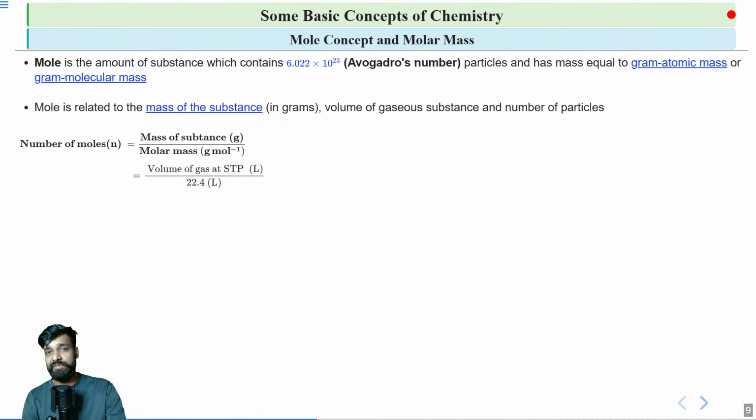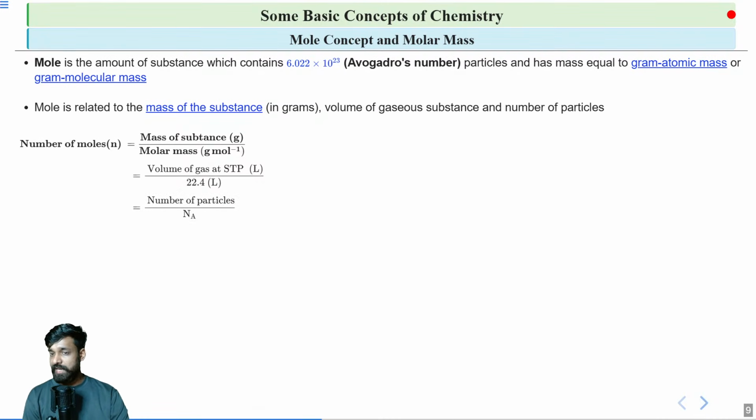Simply divide the volume of that gas at STP by 22.4 and you will get your number of moles. Here the 22.4 is in liter per mole, and therefore the unit will get cancelled out to give you the final thing as moles. Now what is STP? It is standard temperature and pressure.